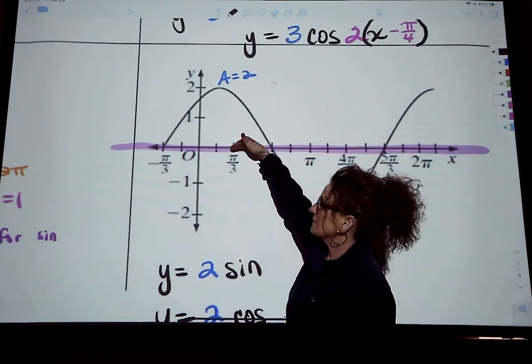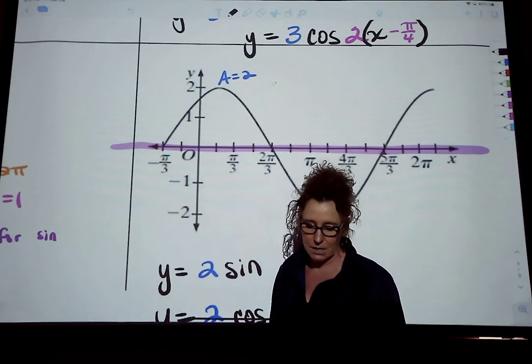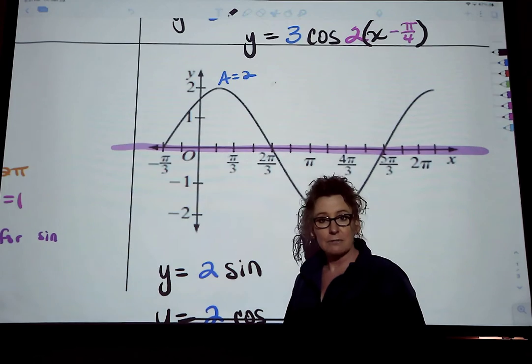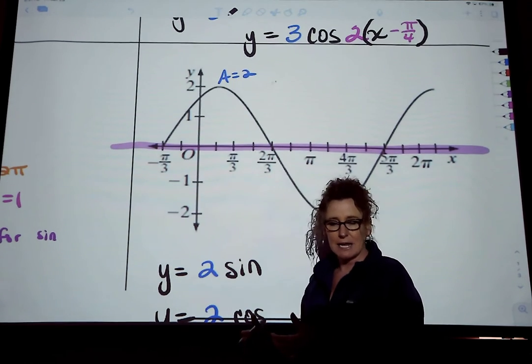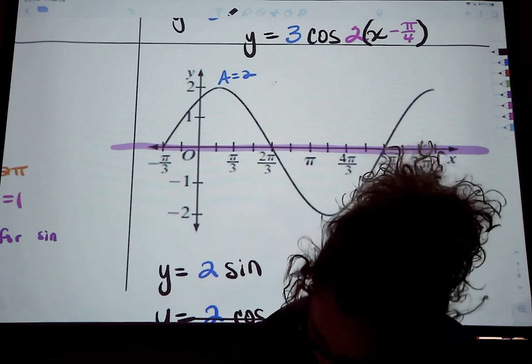The middle is on the axis, so there has not been any upshift or downshift. I think we've got to figure out the period of the graphs that will help us find B, as well as any shifting that's going on.